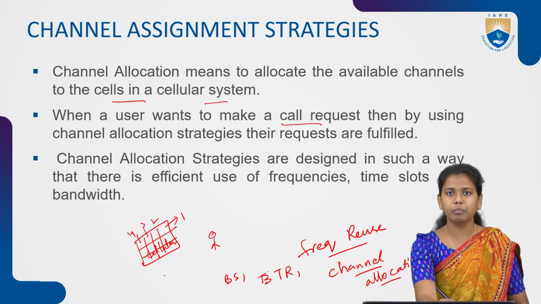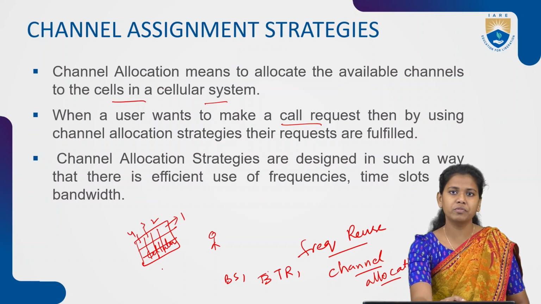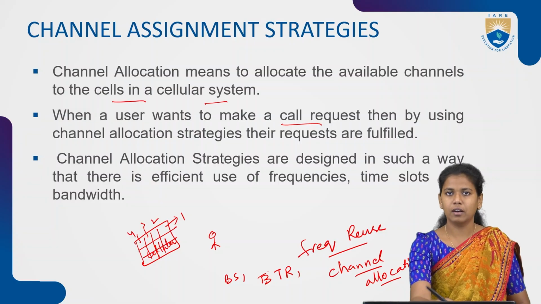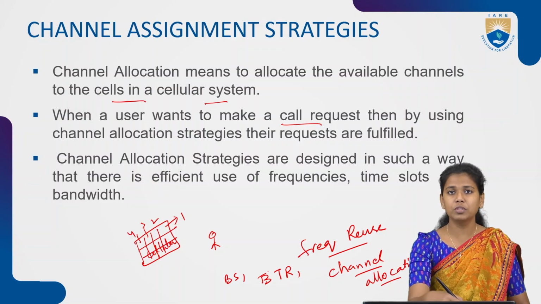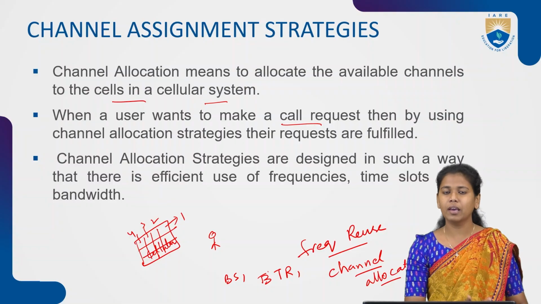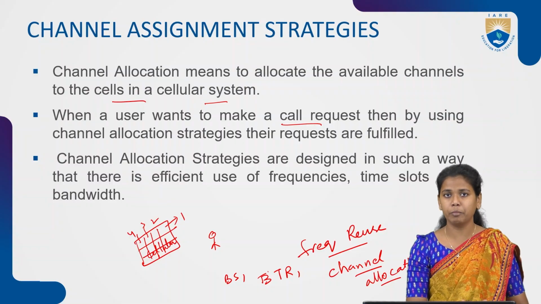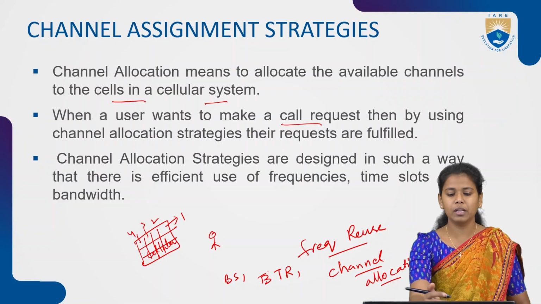The channels are allocated, and the priority of the switching of the call can be handled with respect to this base station. That means the user can make calls, have a conversation, or have better communication with the other party with the help of these channel allocation strategies.